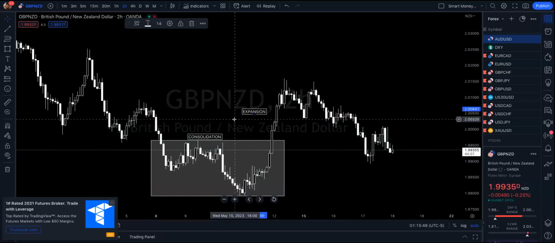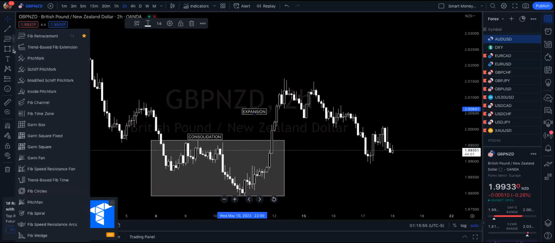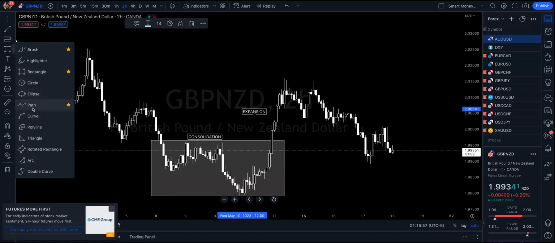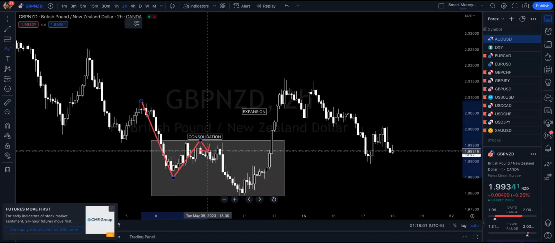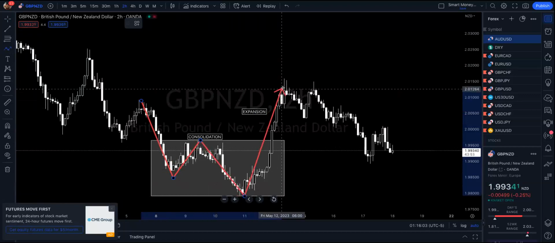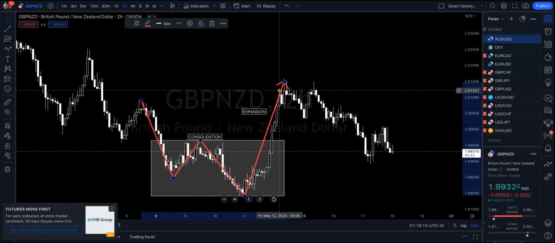Now you remember when I drew all the red lines, something like this here, and I drew a line from here to here and told you guys that this was a change of character. Well, that's exactly what it is.